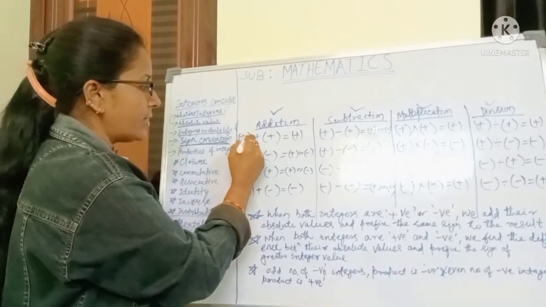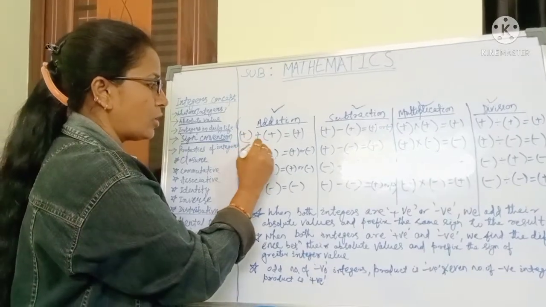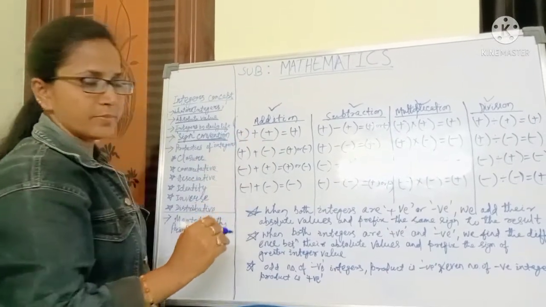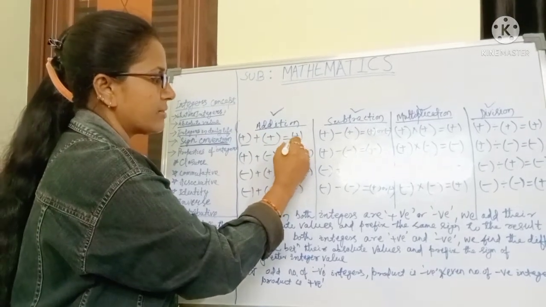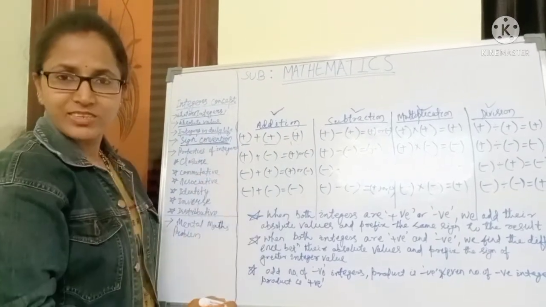When we take two positive integers, the sum is positive.